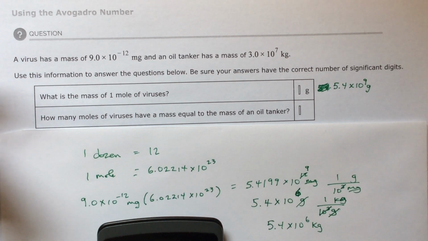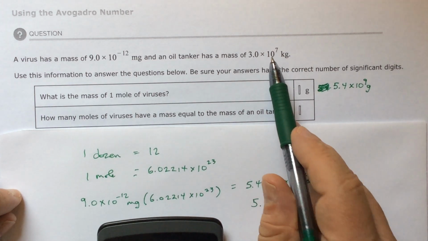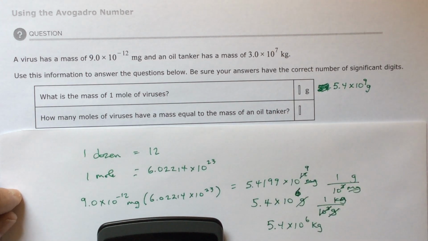Viruses are tiny, tiny, tiny, but 1 mole is so big that all those tiny things added up will give you 5 million kilograms, which is like 10 million pounds. It's ridiculous. It's still smaller than the tanker, so there's going to be some going into the tanker.